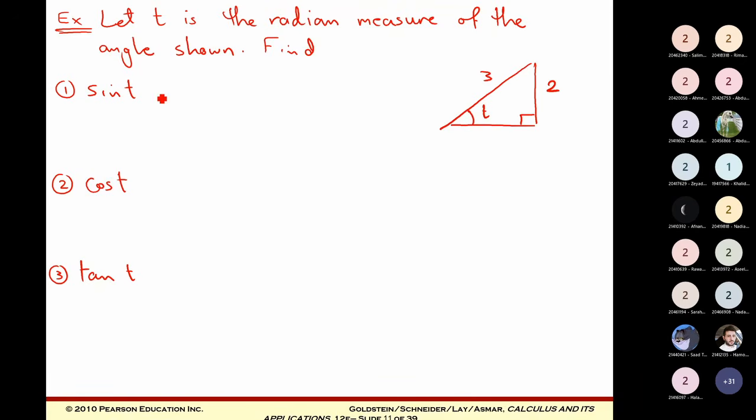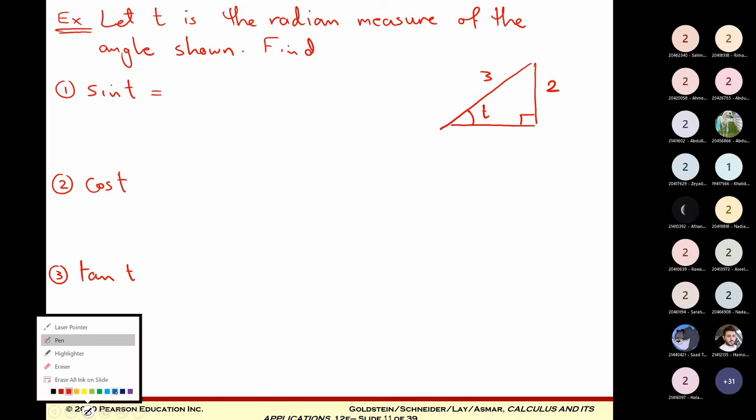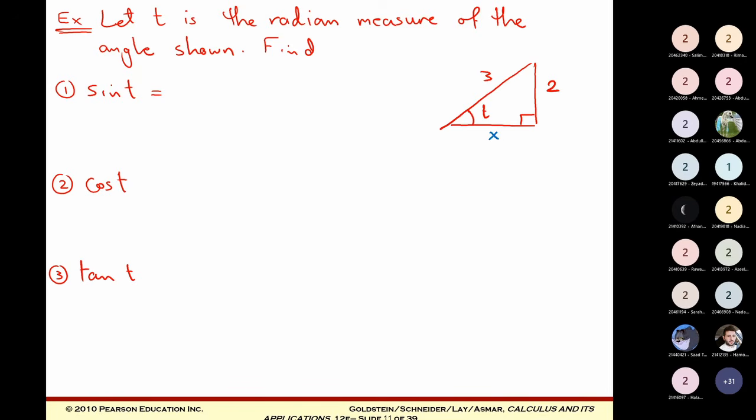Now, the sine of T equals what? If we call this one X. This is opposite 2 over hypotenuse 3. This is the sine. Okay? Opposite over hypotenuse.